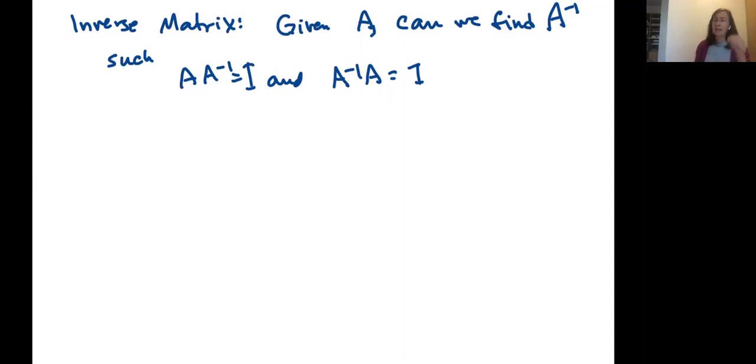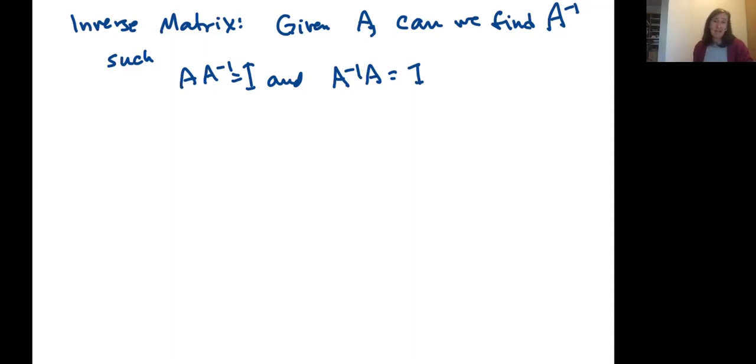In general, the process of finding inverse matrices is really tedious, and in contrast to finding integrals, which I also used that word to describe, doing a few integrals I feel like gives you some insight into how integrals work and helps you understand it. The process of finding the inverse of a big matrix is a lot of work. It's not demanding work, it's just adding and multiplying numbers.